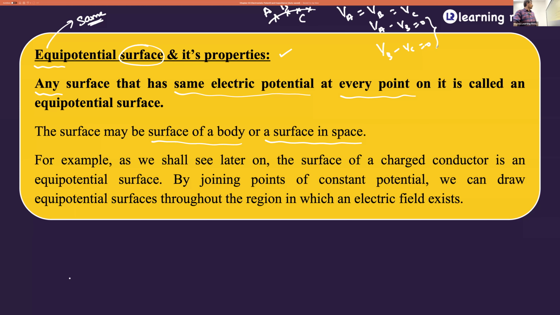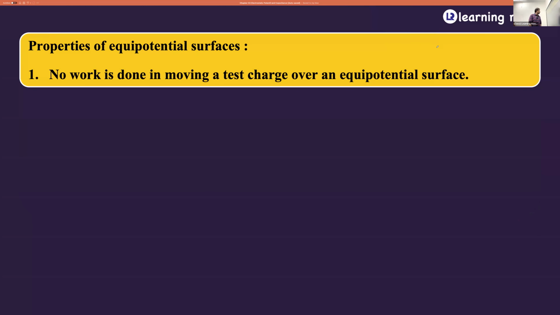Now, how is the equipotential surface going to be? First, we'll understand the properties of this equipotential surface. The first one is: no work is done in moving a test charge over an equipotential surface.